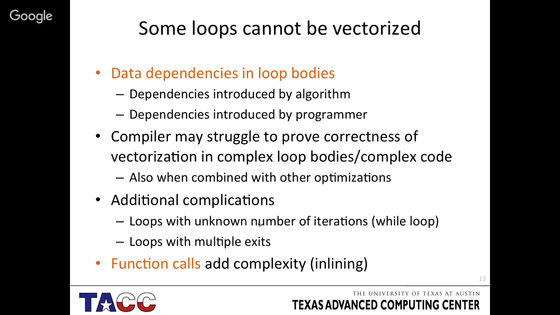So as I said, the data dependencies in the loops can cause a loop not to vectorize, and that could be because of the algorithm. It can be because of how the programmer specifically programmed it.